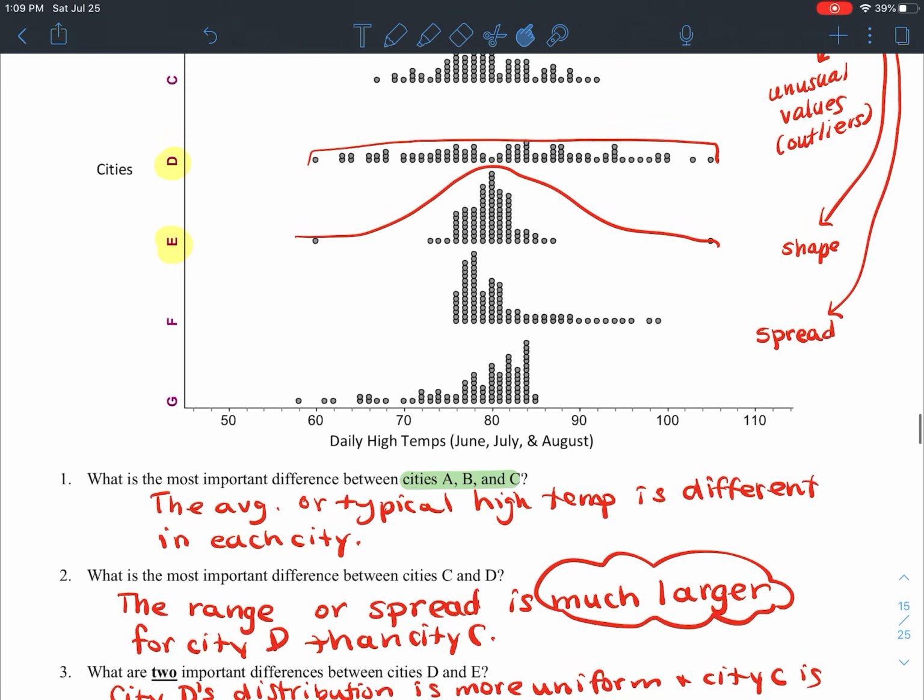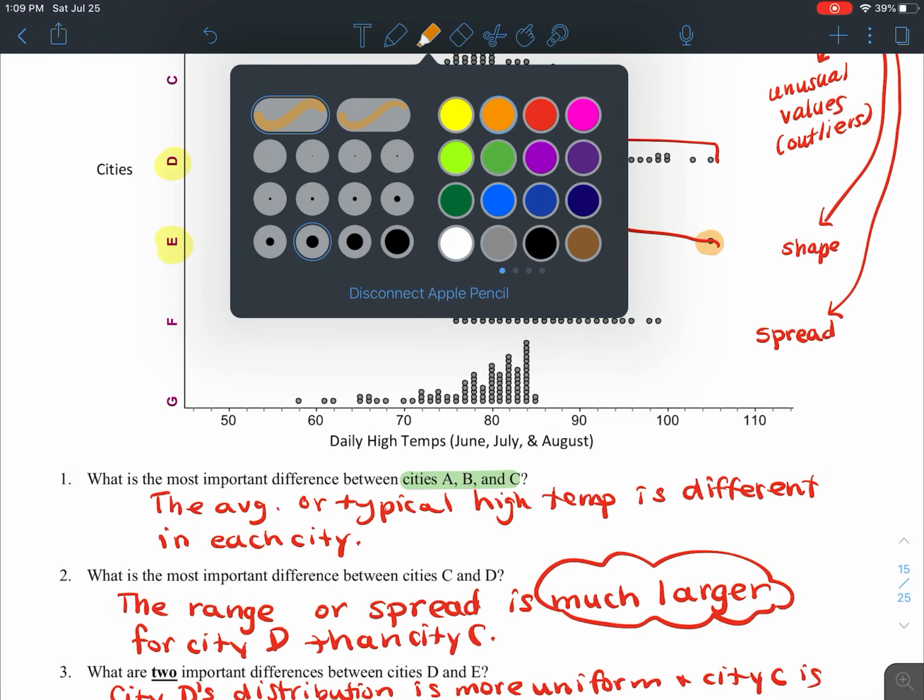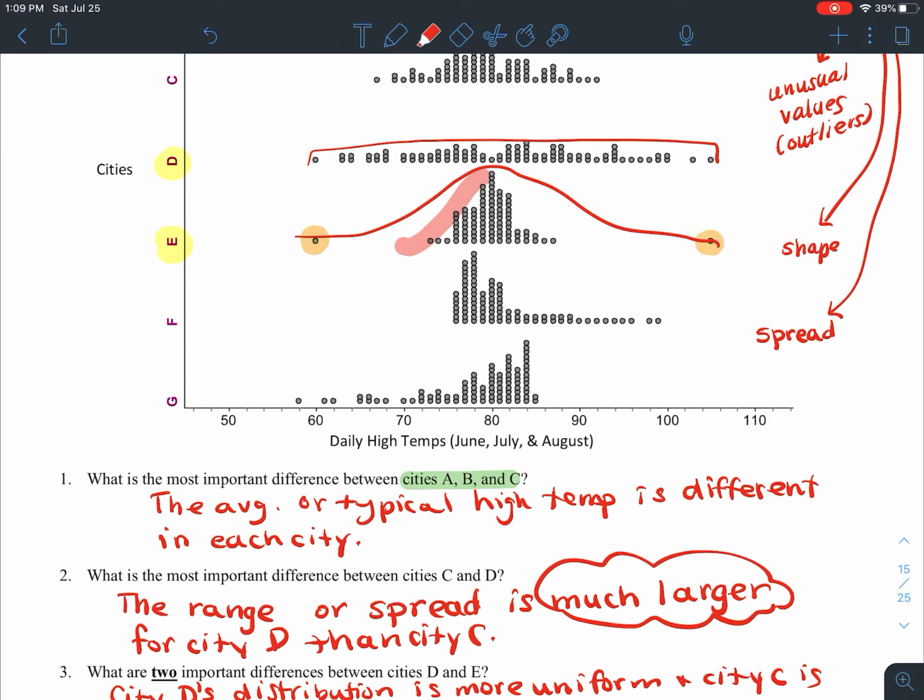Okay, and then another difference here, and a lot of times I will say this, when there are outliers, a lot of times those outliers are excluded when you're referring to what your spread is, okay? Like, for example, if we took out those two outliers in city E, the majority of the days span a very small degree range here, okay?